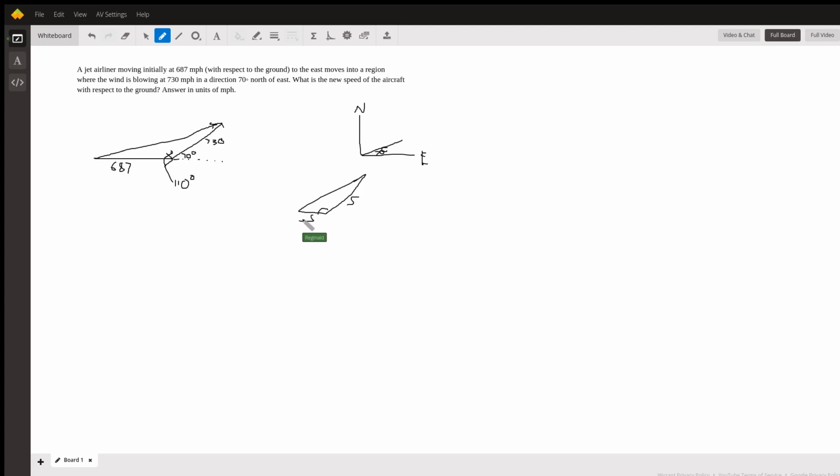So we can use the law of cosines for this. The law of cosines says that c squared, sorry, erase this.